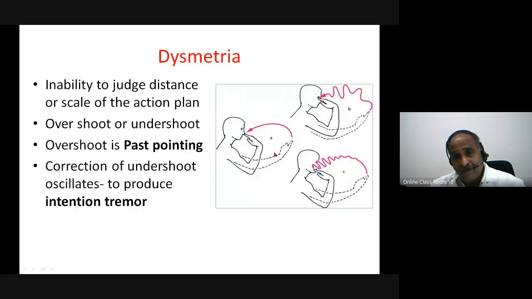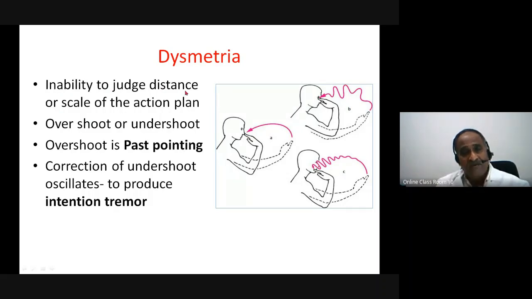Here, it is a normal person. He can just see that, and he will just move. But here, when he tries to move, he will not be able to judge. He hits somewhere. He hits here or here in the eyes. So this is an overshoot mechanism. There is an inability to judge the distance.